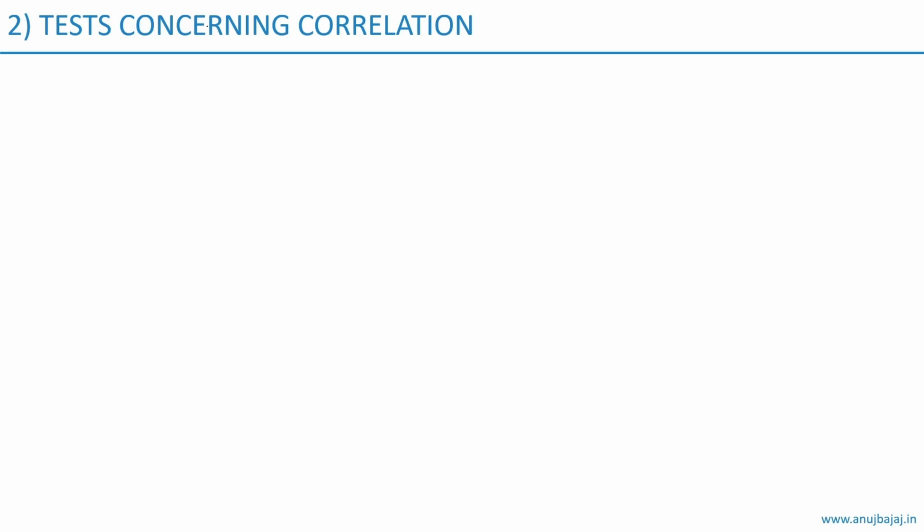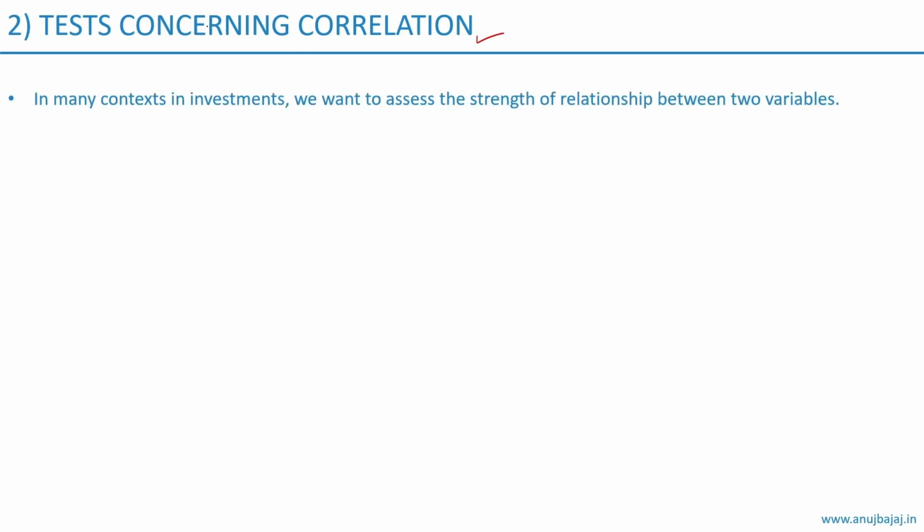In the previous chapter, we conducted tests concerning various population parameters like the population mean and the population variance. In this chapter, we will be conducting tests concerning the population correlation, the correlation between two variables.